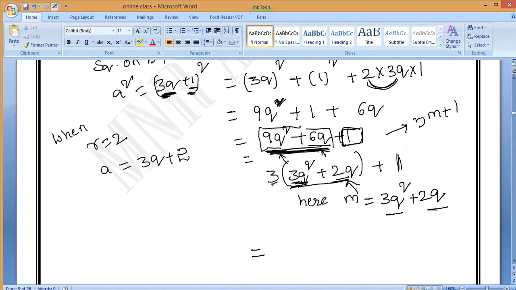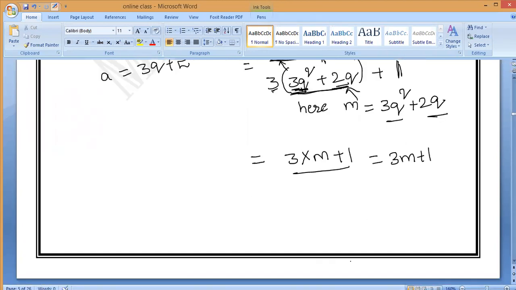Padmavarshini, Prahasini. 3m plus 1, ma'am. So the square of any positive integer is in the form of 3m plus 1.